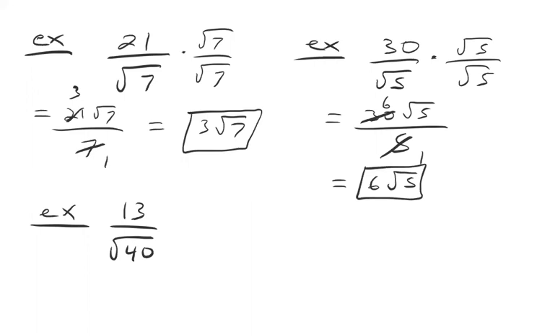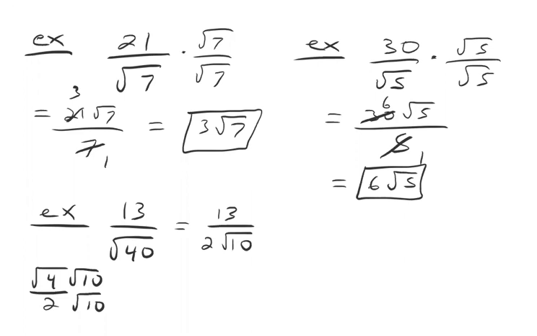Okay, now the 13 over square root of 40, we should probably simplify the denominator first to square root of 4 times square root of 10, which is 2 root 10, because I can take the square root of 4. So this is 13 over 2 root 10. Now, in order to get rid of that square root of 10, all I got to do is multiply the top and bottom by square root of 10.